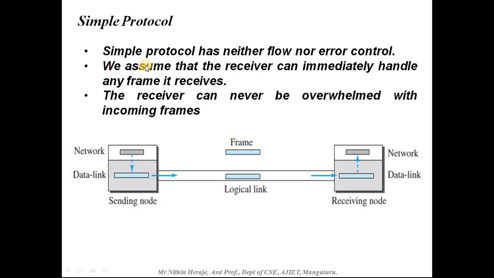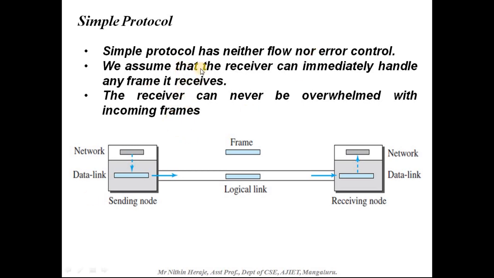The second point is that we assume that the receiver can immediately handle any frame it receives, and the receiver can never be overwhelmed with incoming frames, so the receiver will not face any rush of incoming frames.